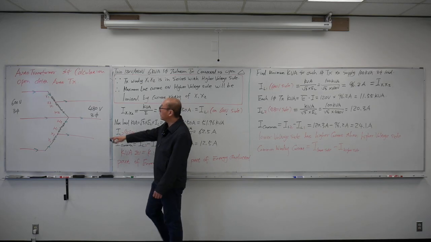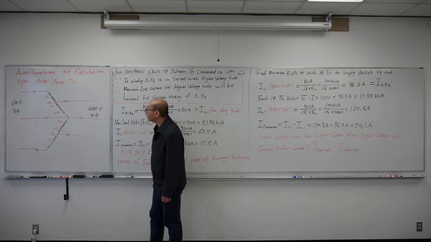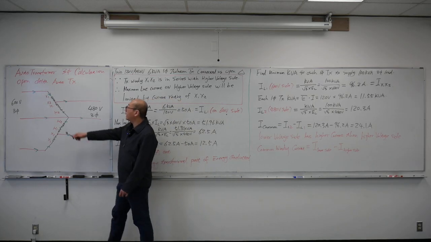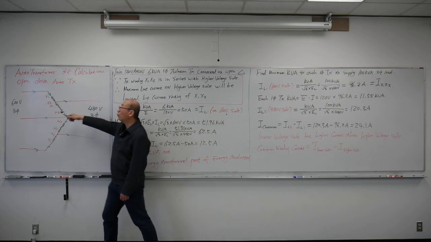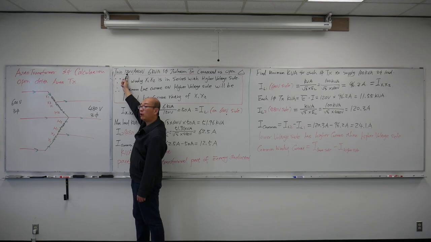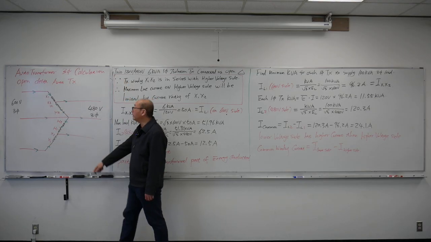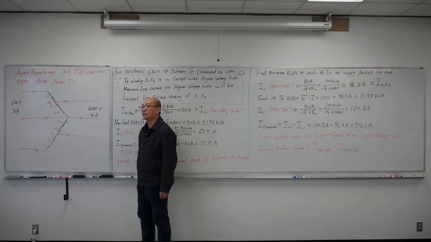So here's the connection diagram. From this diagram, I can see between X1 and X2 will be 120 volts, and between H1 and H2 will be 480 volts.